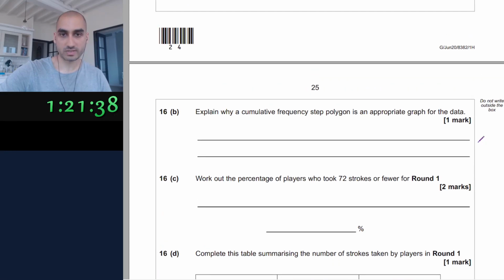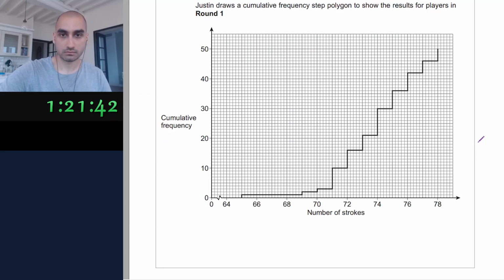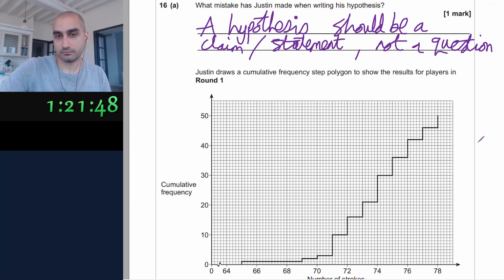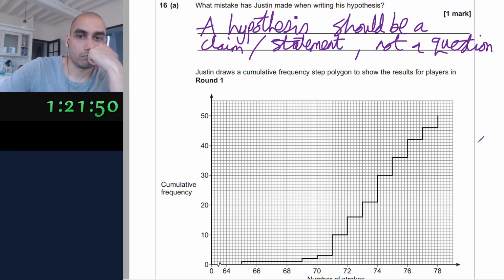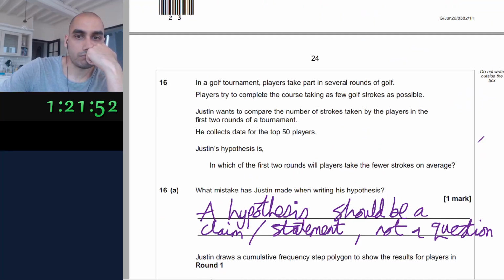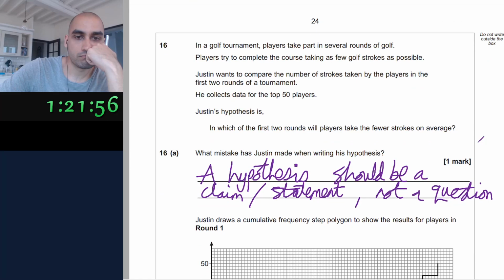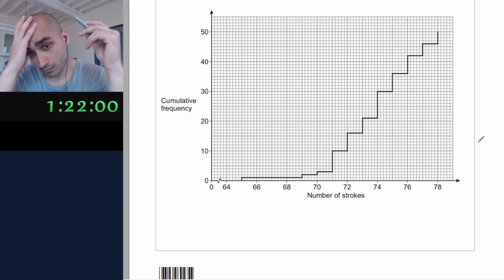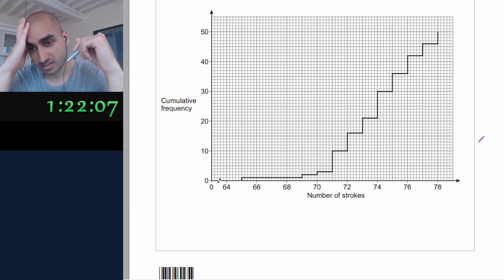Explain why a cumulative frequency step polygon is an appropriate graph for the data. Because it just is. It's just what you do.